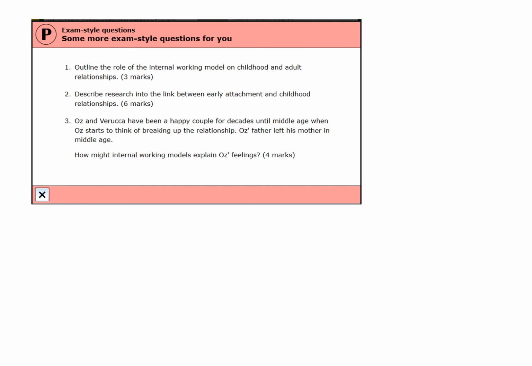We've got an outline question just for 3 marks. We've got a link between early attachment and childhood relationships, so make sure you're focusing in on the right thing there. And then we've got a bit of an application question where we've got Oz and Veruca. What a name. Anyway, that's a 4-mark one. I can see the way these questions are getting you thinking. They're hinting at you that this is very much about the internal working model, that key feature of Bowlby's theory.